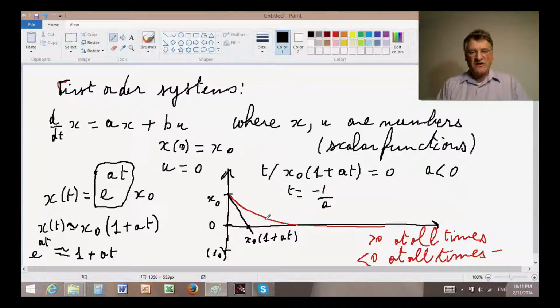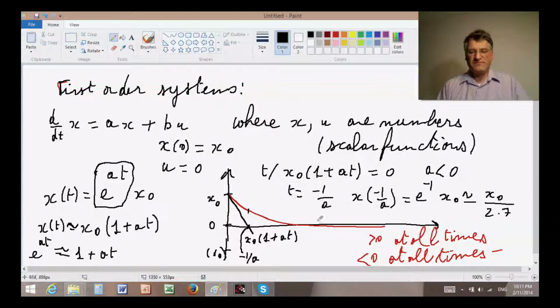Interestingly enough, we can look at the value of the response itself at this point, minus 1 over a. And we see that x(-1/a) is equal to e^(-1) times x0, which is about x0 divided by 2.7.